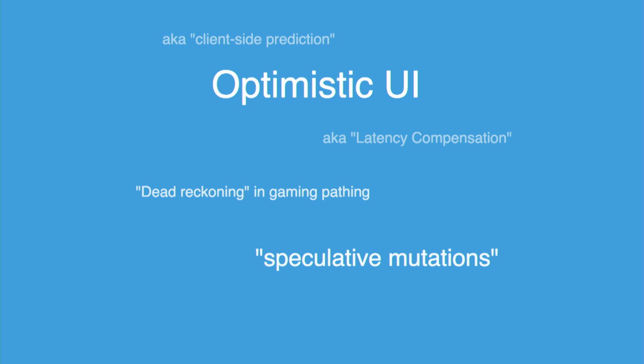The simplest definition that I found was speculative mutations. The basic idea is when you modify something in your database, first you do it on the client so the UI can update immediately, and only then you go to the server and do it in the background. So for the user, when they use your application, everything appears to be really fast because all the changes are made locally.